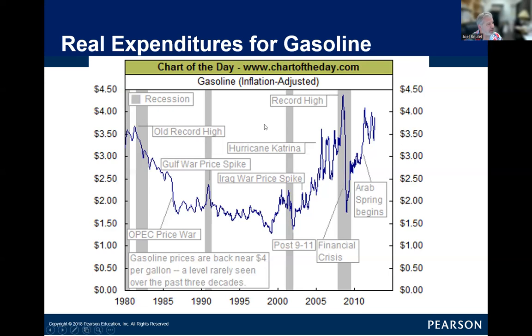And we didn't hit that again until 2004. So it took us a little over 20 years to get back to those prices. After the great financial crisis, gasoline prices collapsed again, and then they've gone up in recent times. And right now, when you adjust for inflation, we're right about this area still.